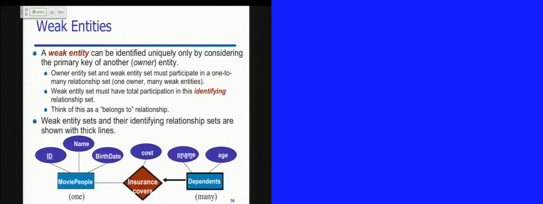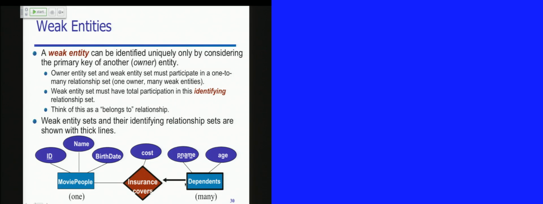What it means is that for a dependent to be considered in this database, they need to be related to a movie person. And the key for a dependent is going to be a combination of something that they have and the key for the movie people. A weak entity is shown with a thick rectangle and a thick diamond. With weak entities, you always need to have full participation. I cannot have a dependent in this database who's not related to anyone from my movie people.